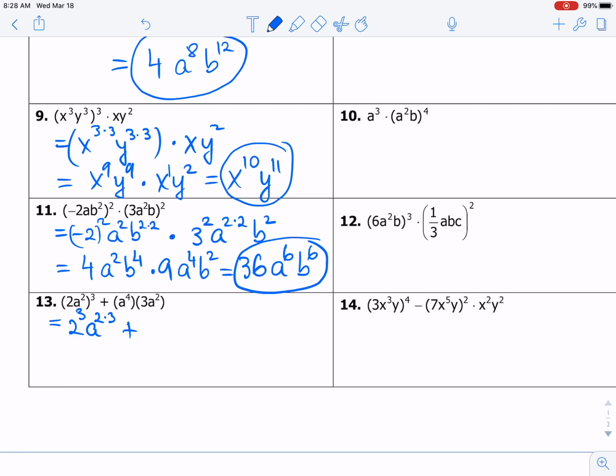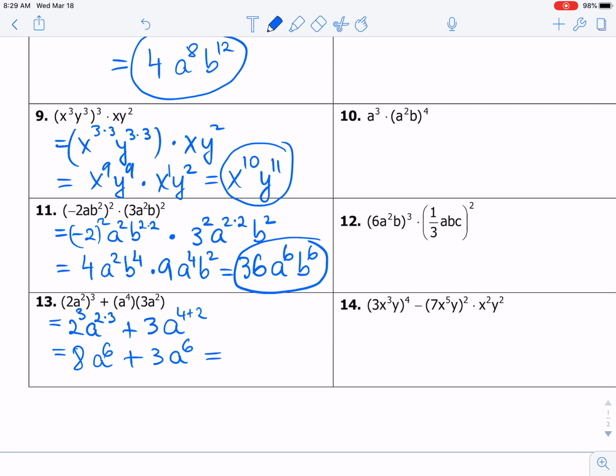So I have a to the 4th power multiplied with 3a squared. So this is going to be equal to 3, because 3 times 1 is 3, then I have a to the 4 plus 2. 2 cubed is 8. A to the 2 times 3 is 6, plus 3, and a to the 6th power.